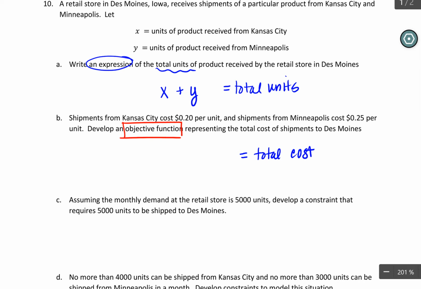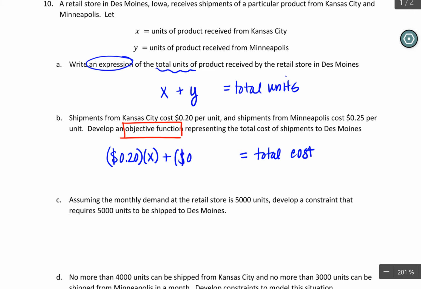Well, we're told that whatever we get from Kansas City, which we know from the information that we're given, that's x right now, the variable x. Every x unit from Kansas City costs 20 cents per unit. So we have 20 cents times x, the number of units that we get from Kansas City, plus the cost of what we get from Minneapolis.